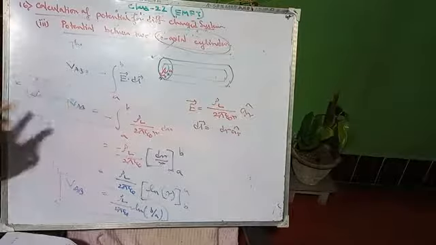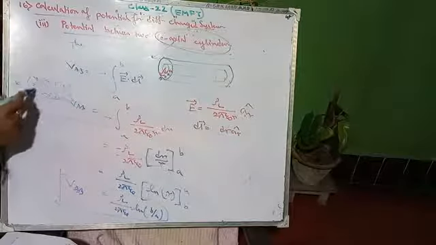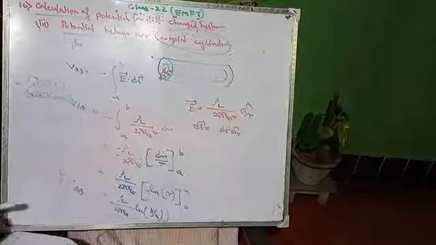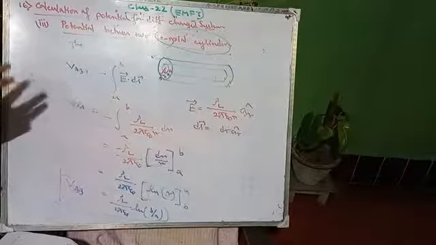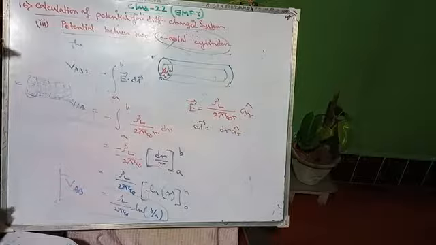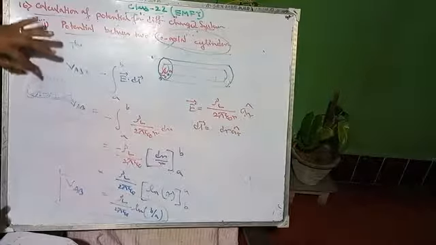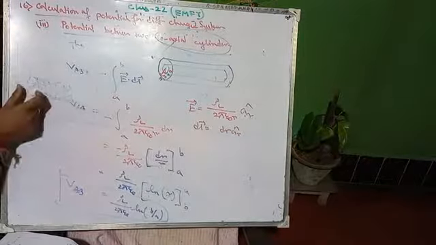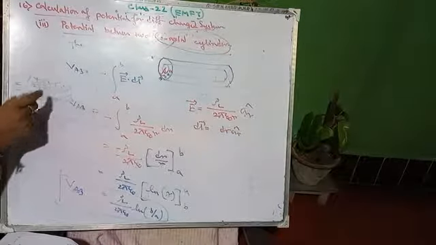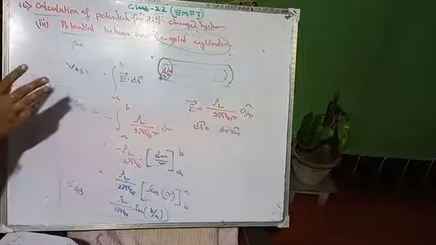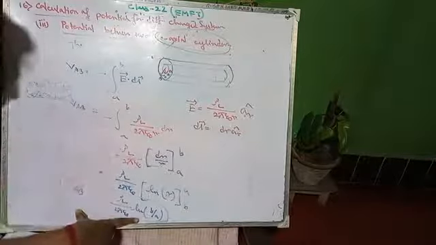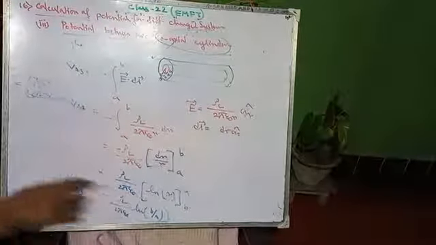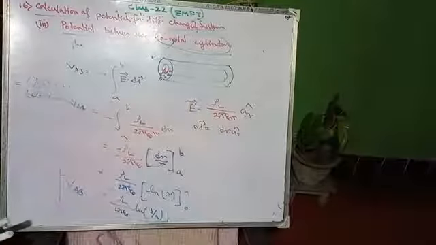These two conductors are simultaneously present in a common wire. For this type of application we can calculate the potential difference. The applied voltage will be exactly equal to this amount. So VAB equals rho L by 2 pi epsilon naught ln b by a.